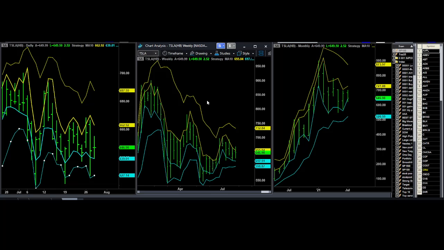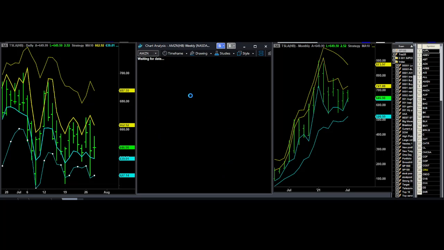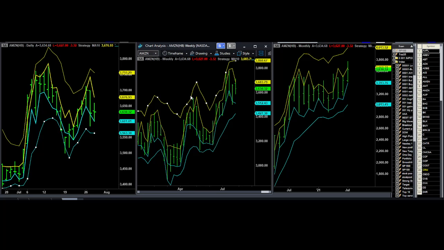So this is the Tesla data. For example, I can change it to Amazon, AMZN. And then all these charts will be updated to the daily chart, the weekly chart, and the monthly chart of the Amazon real-time data. So even for this different Amazon stock, this tool also captured this kind of fluctuation of the stock price very well.